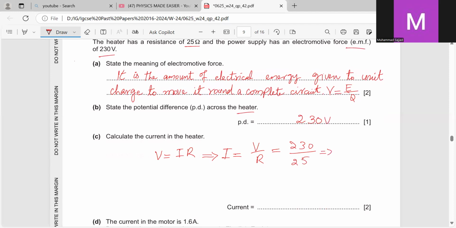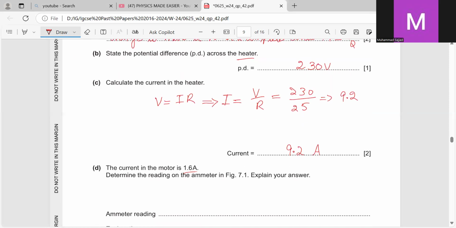As we simplify, the answer is 9.2. So the current in the heater is 9.2 amperes. Don't forget to write the unit with the final answer. The current in the motor is 1.6 amperes.